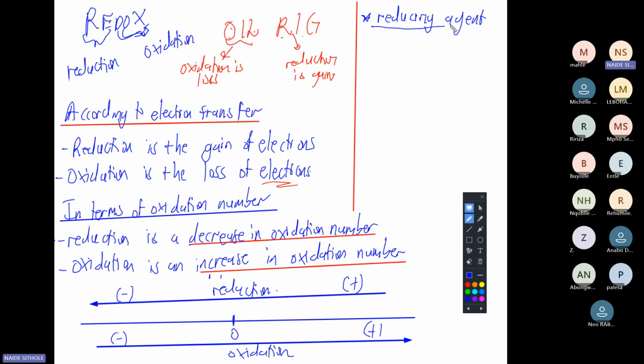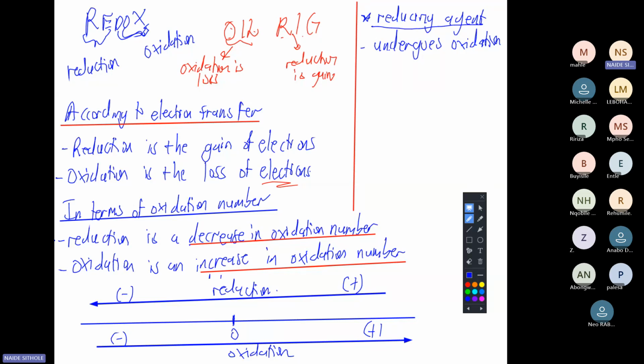A reducing agent undergoes oxidation. Why do they call it a reducing agent? Because it reduces the other substance, but in turn it oxidizes.